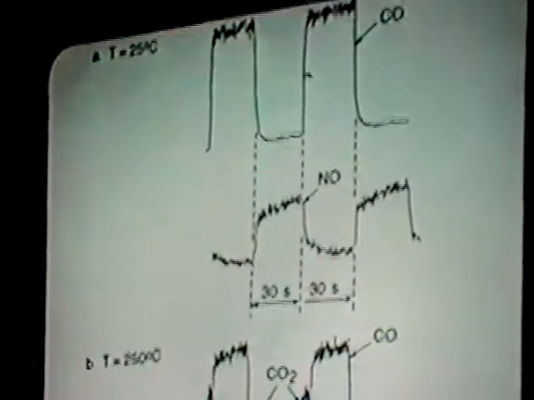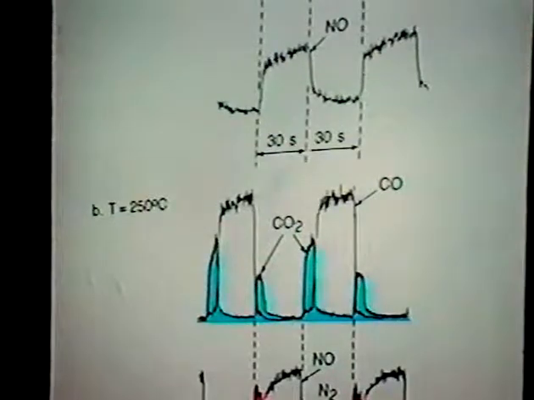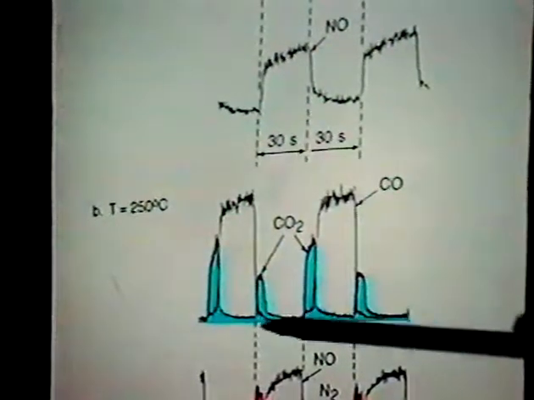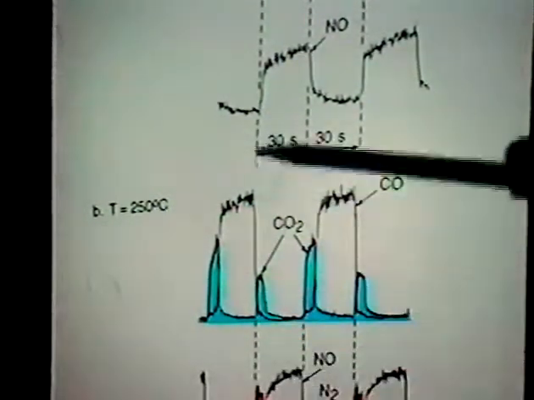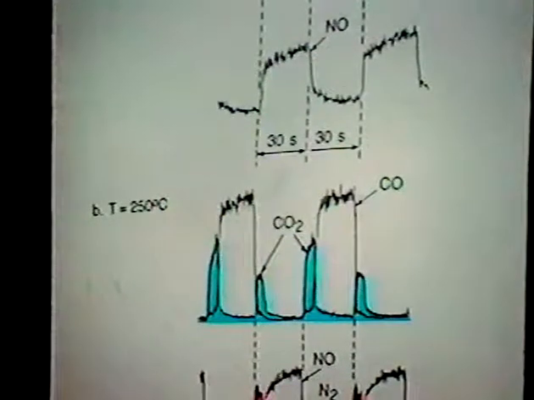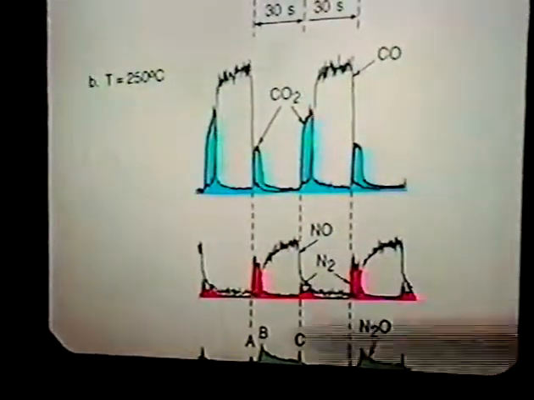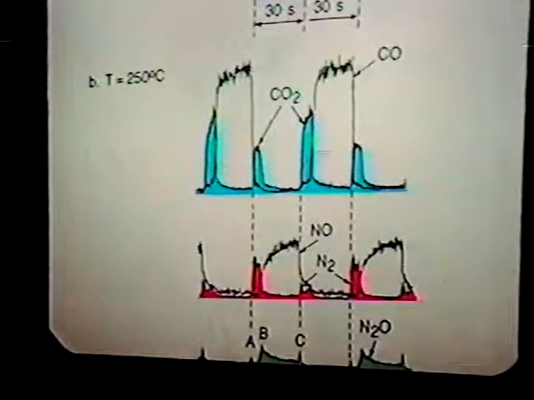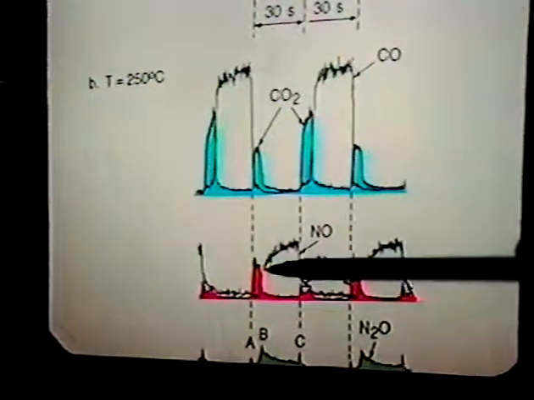At 250 degrees, the catalyst becomes very active for nitric oxide reduction. For example, here, at the end of the carbon monoxide half cycle, the catalyst is in a reduced state. As soon as the nitric oxide half cycle starts, nitrogen is produced by the decomposition of nitric oxide, but just for the first about 7 seconds.